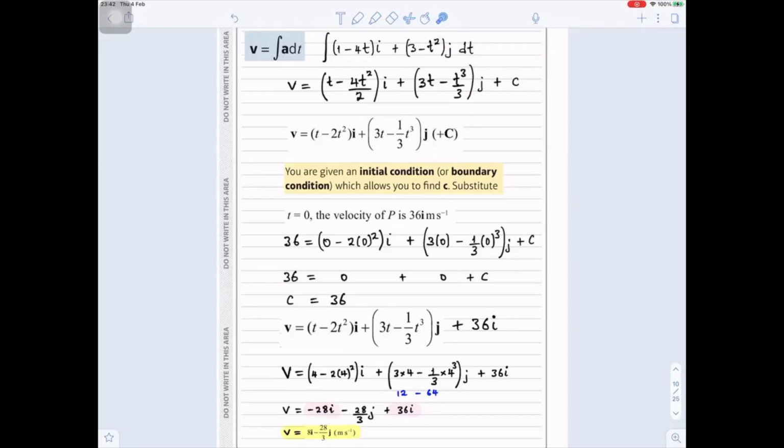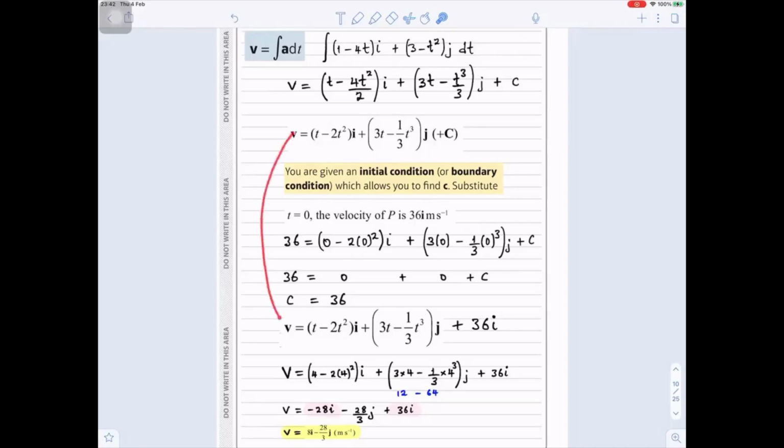So if you are given an initial condition or boundary condition, which allows you to find c, you go ahead and substitute. We know at t equals 0, the velocity of P is 36i meters per second. You can check that by substituting 0 for t. That will give you 0, 0 plus c, and then you get c to be 36. So you can write your equation now, including the constant of integration.